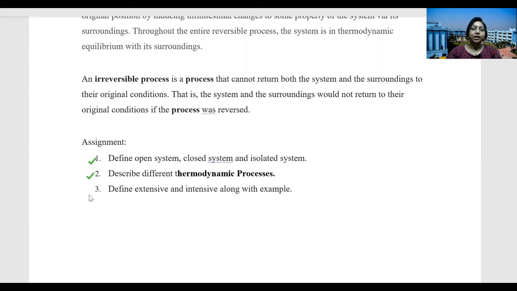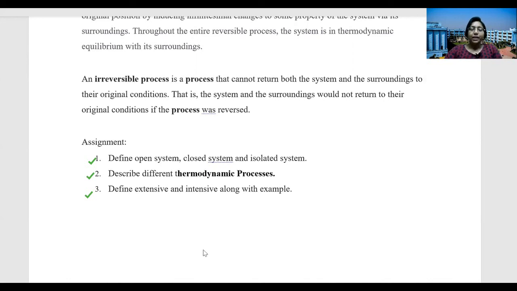Next is define extensive and intensive properties along with example. So you can tell that which does not depend on the amount of matter, that is the intensive property, and which depends on the amount of matter, that is the extensive property. And you can give the examples.